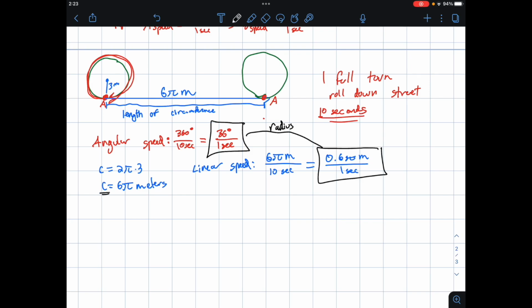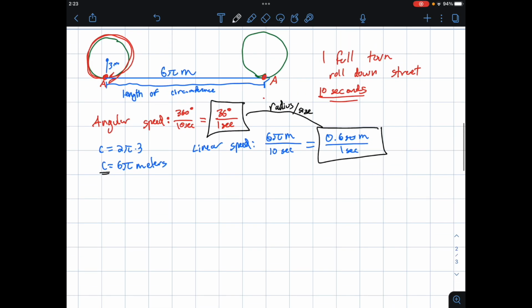The size of the circle is going to link us between the angular speed and the linear speed. In another sense, and I'll show you some animations and some different ways of seeing the relationship between the linear and the angular, a wheel rolling is the most basic one.